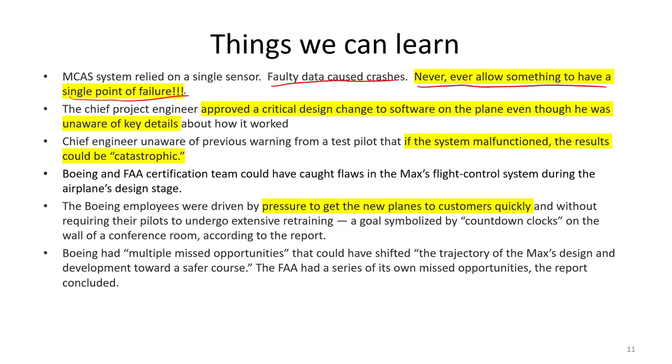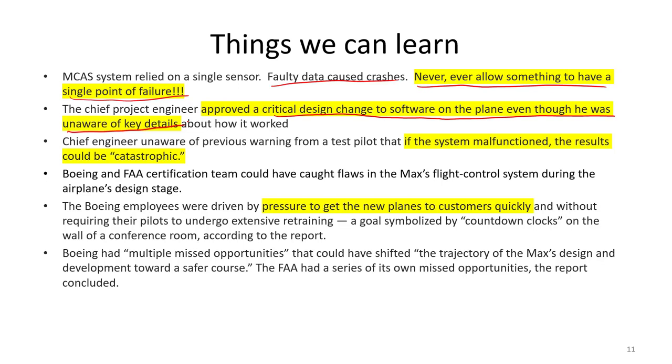Another thing we can learn. It turns out that the chief project engineer approved a critical design change to the software even though that engineer was unaware of key details. So the engineer signed off even though they did not know the full details about how that software worked.